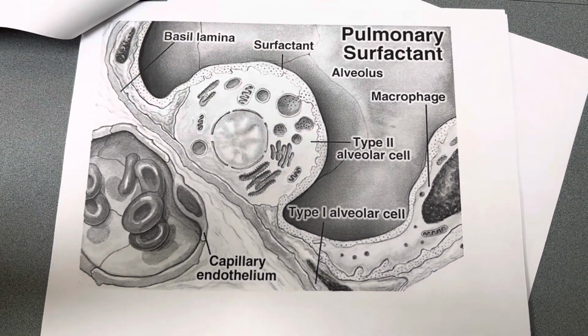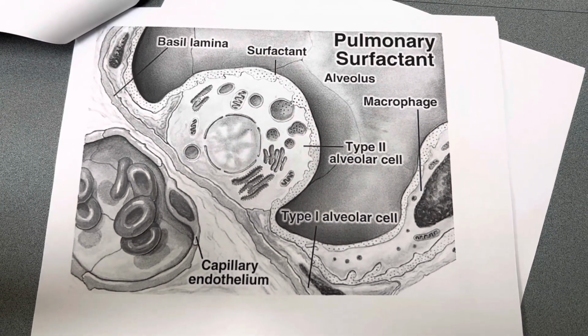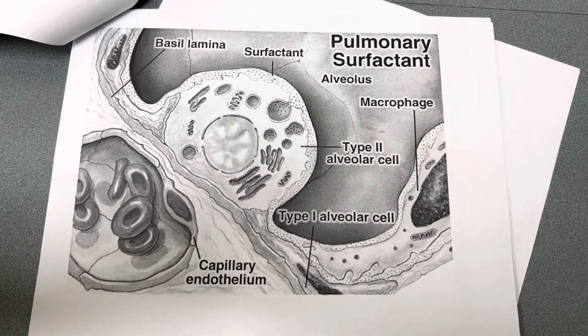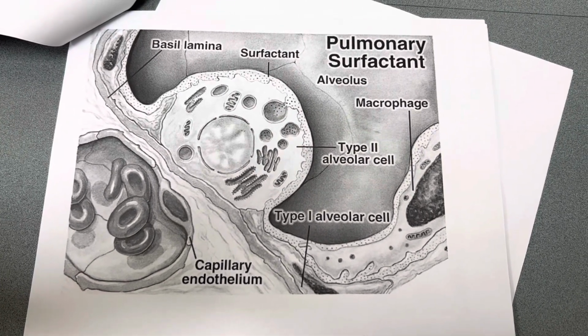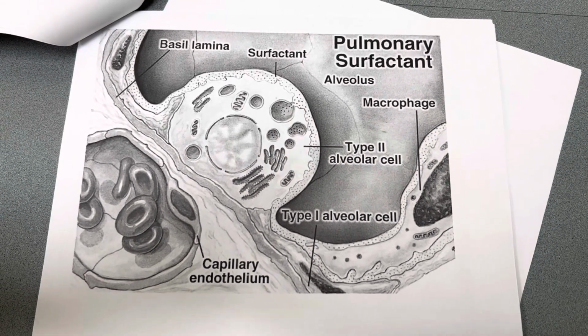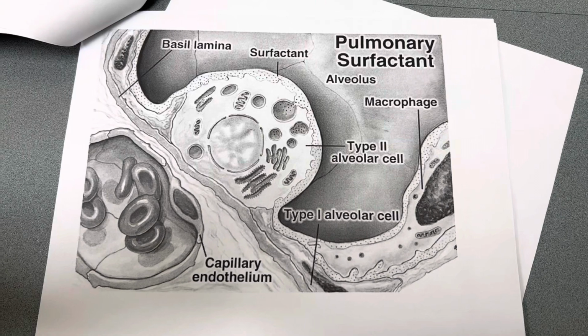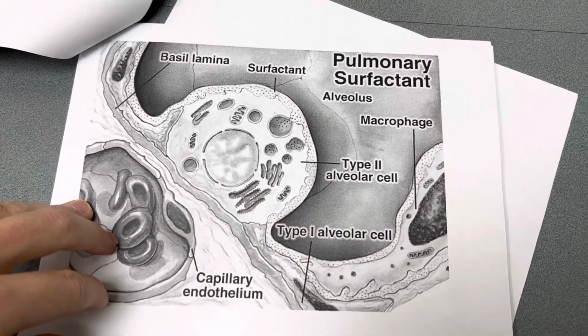Pulmonary surfactant, basal lamina, surfactant, alveolus, macrophage, type 2 alveolar cell, type 1 alveolar cell, capillary endothelium.